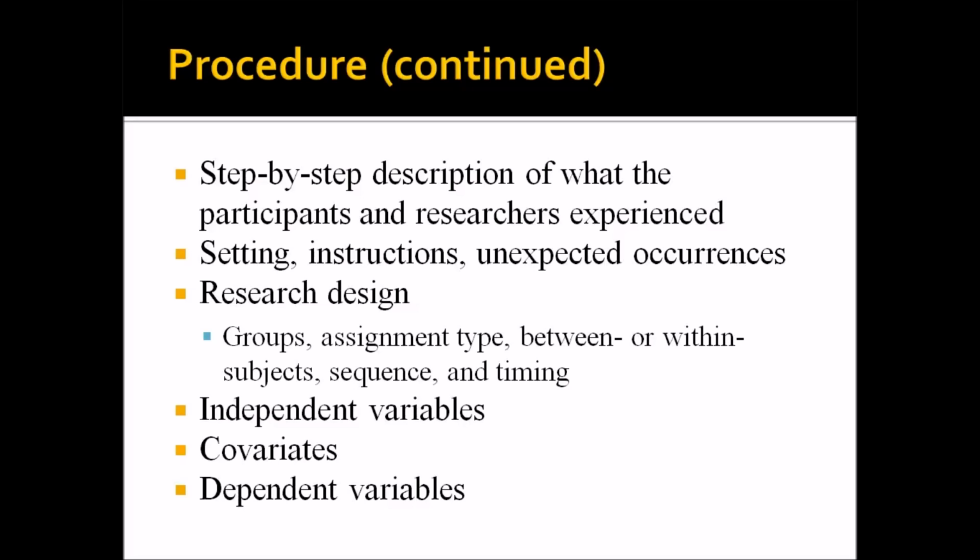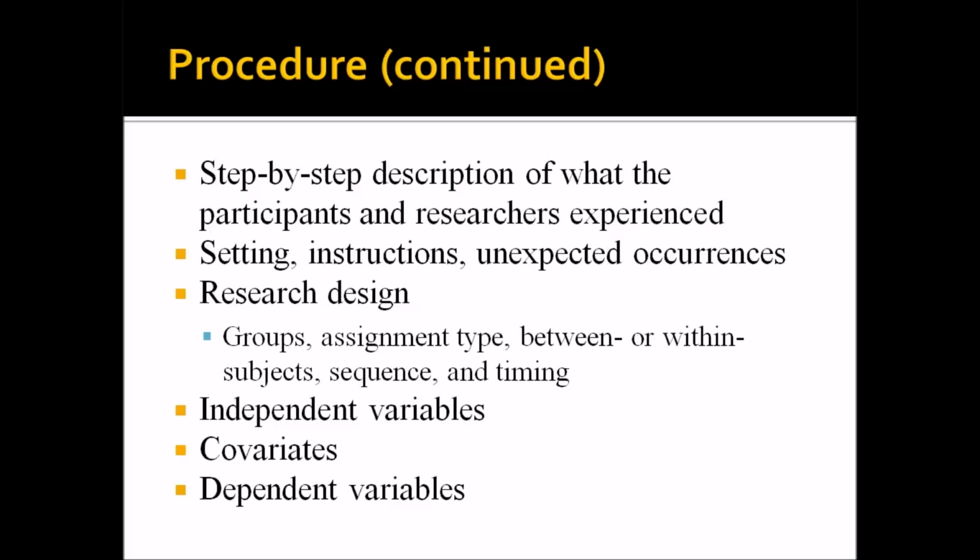Record the sequence of how the treatment was delivered. So if you have 3 treatments, what sequence were they delivered in? And the timing. Was one treatment delivered one week and another treatment 2 weeks later or a month later? You want to include that as well.